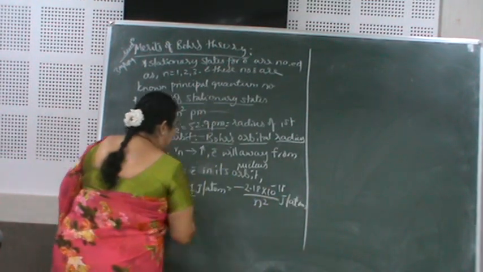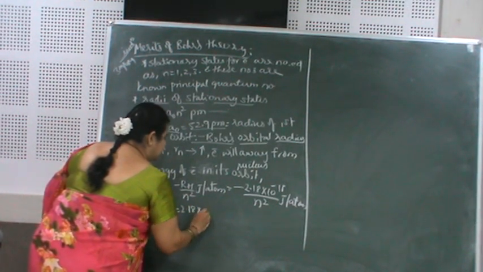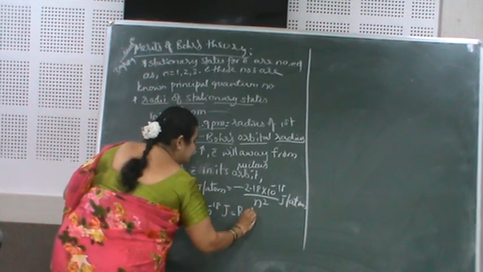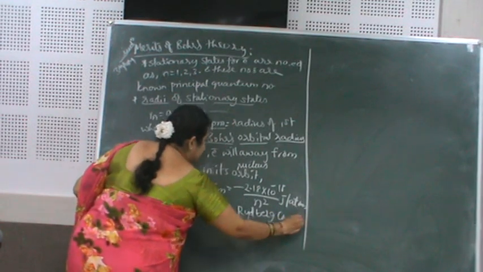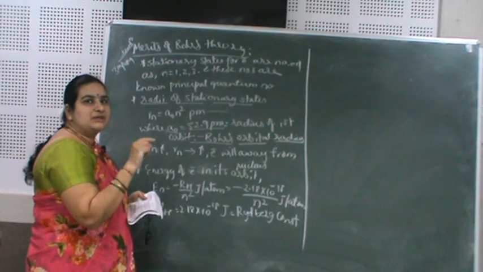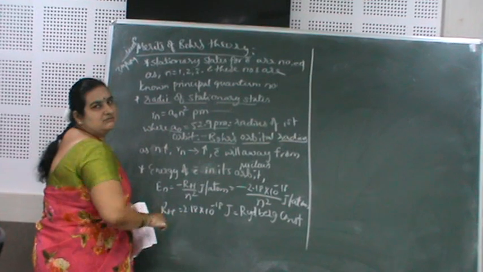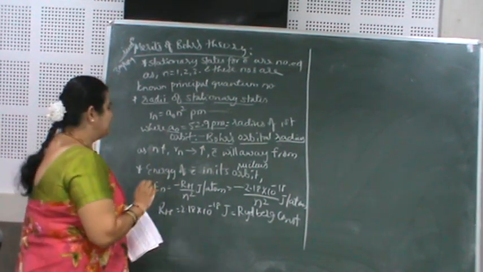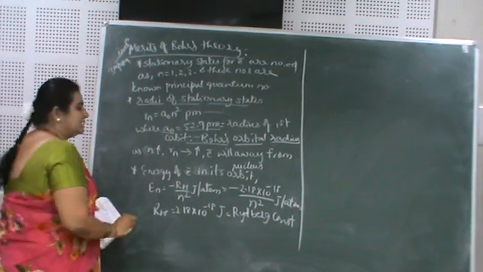Here RH is equal to 2.18 into 10 raised to minus 18 joules, called the Rydberg constant. In the last class I gave you one value of Rydberg constant, in units of meter raised to minus 1. Now this is another value of Rydberg constant, in joules. And n is nothing but the principal quantum number.